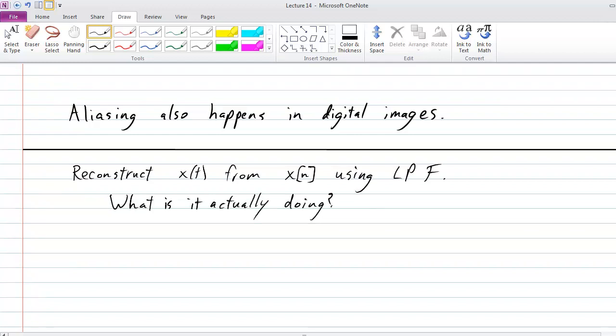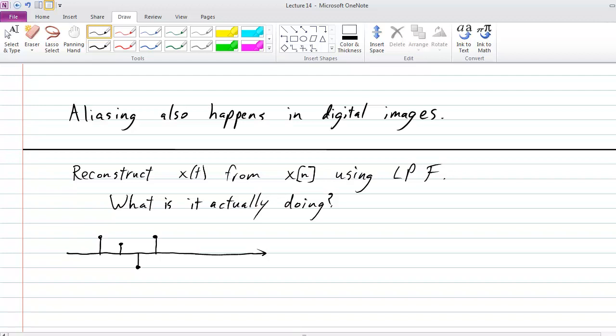Okay, so what you have here is some discrete time signal, and you're going to then reproduce the continuous time signal.